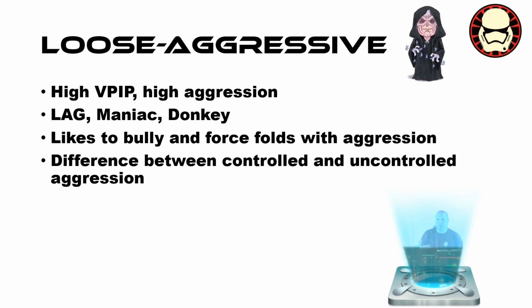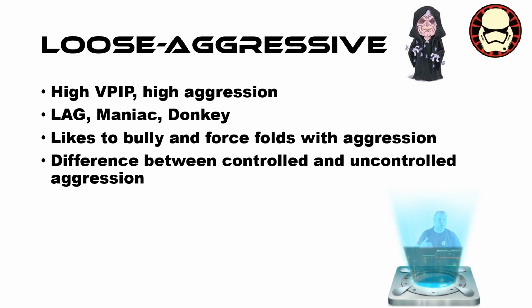He is just being aggressive for the sake of it on a constant basis. Controlled aggression is that he understands ranges and he understands when he can be very aggressive and he understands when to shut down. And sometimes he might even make traps with slow playing when he has the nuts.